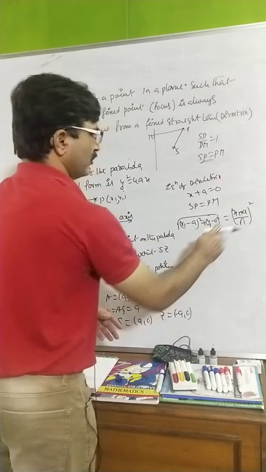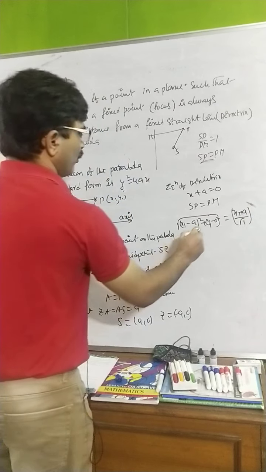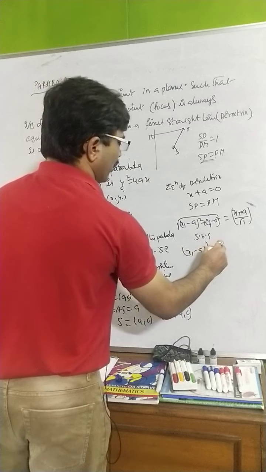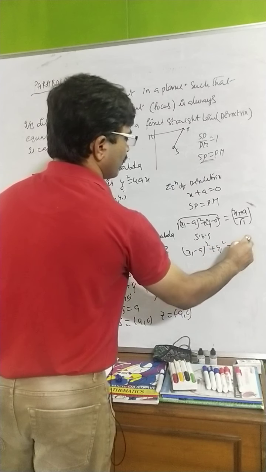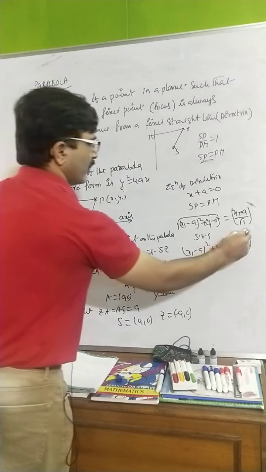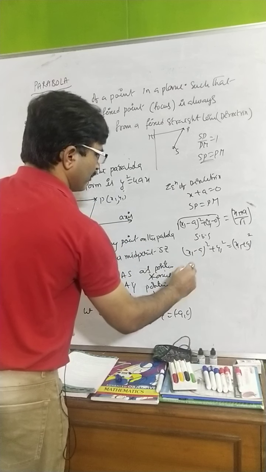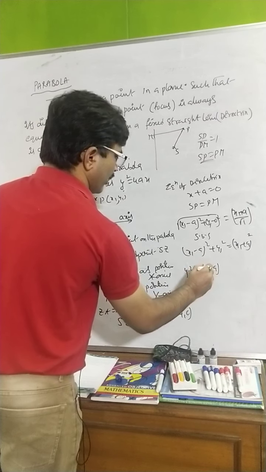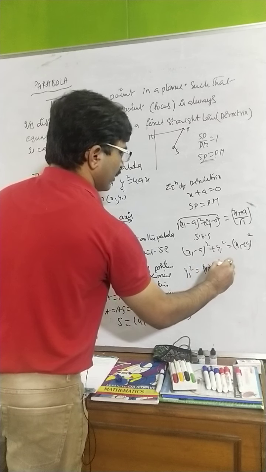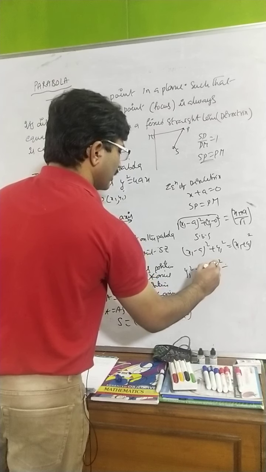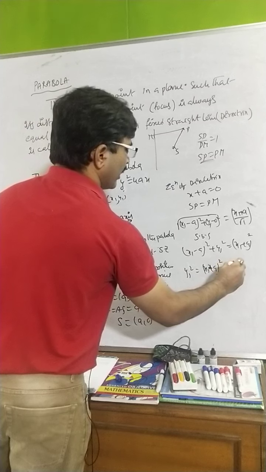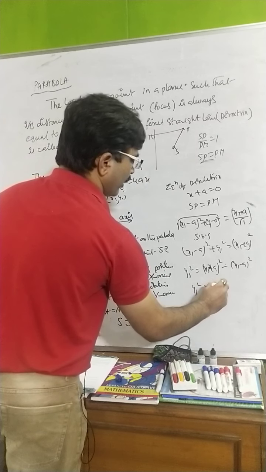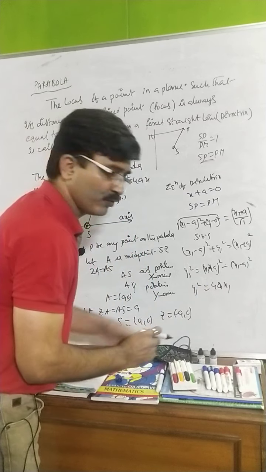Squaring both sides, x1 minus a whole square plus y1 square is equal to x1 plus a whole square. So y1 square is equal to x1 plus a whole square minus x1 minus a whole square, so y1 square is equal to 4ax1.